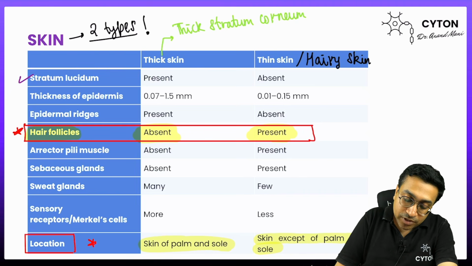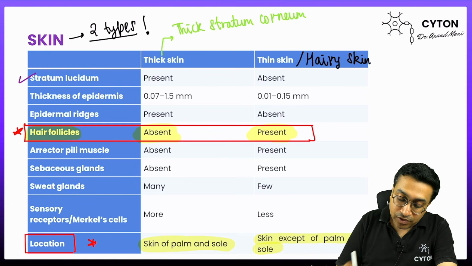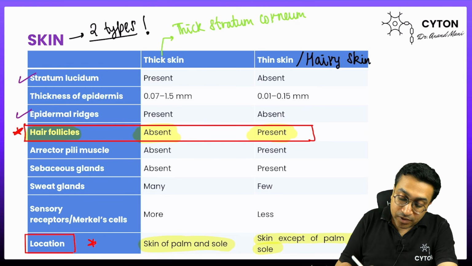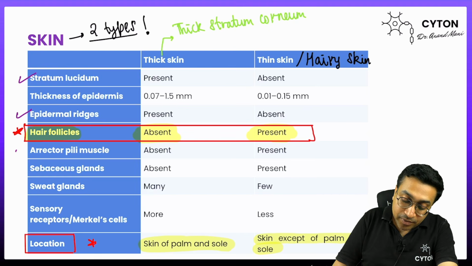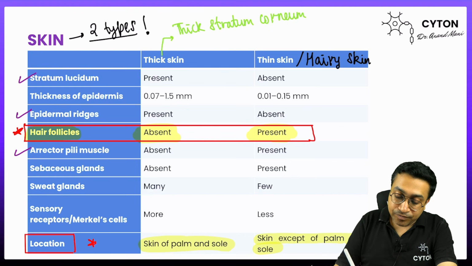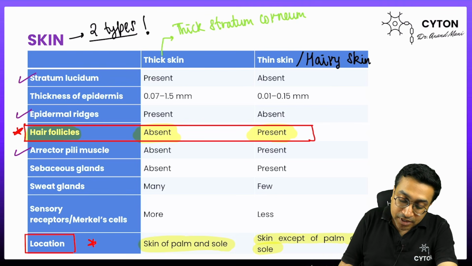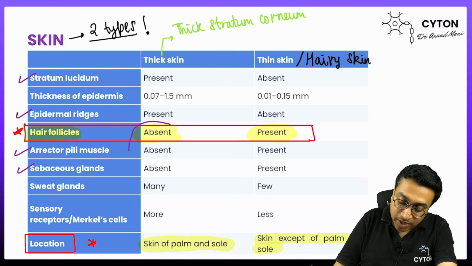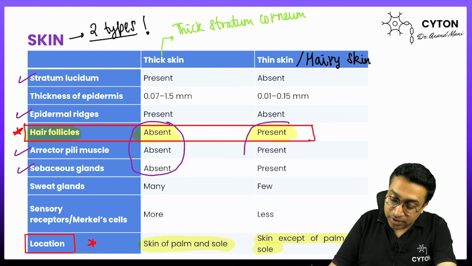Stratum lucidum is present in thick skin, absent in thin skin. Thickness we have discussed. Epidermal ridges, the elevations, are present in thick skin. Erector pili muscle is absent, hair follicles are absent, sebaceous glands are absent. So these three things are absent in thick skin, and present in thin skin.